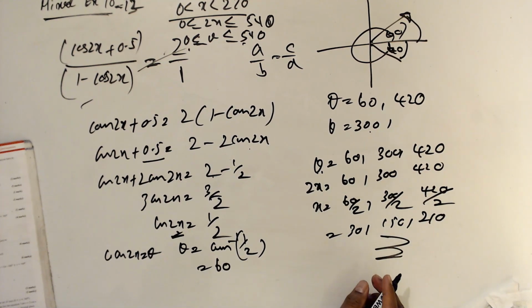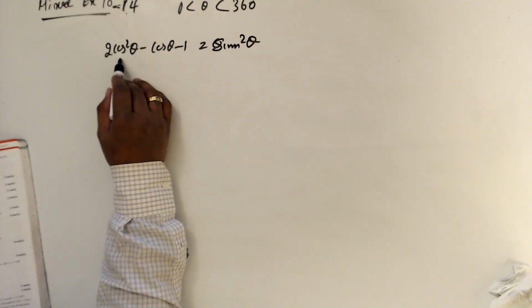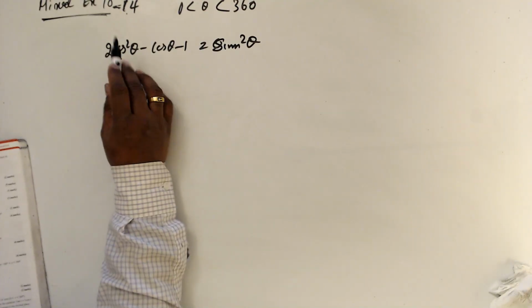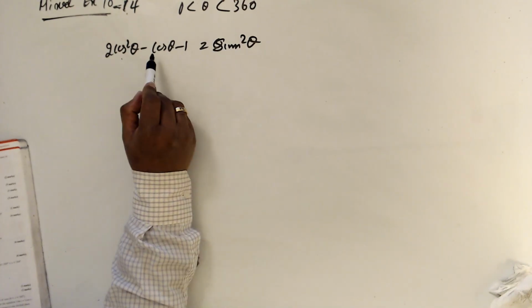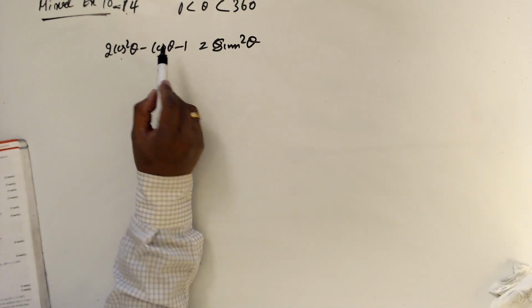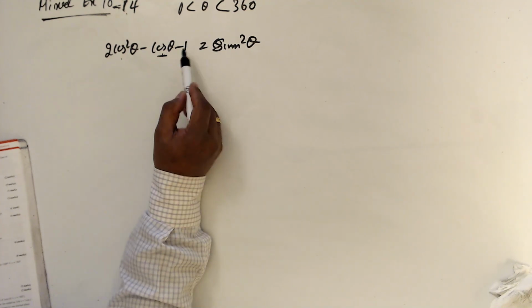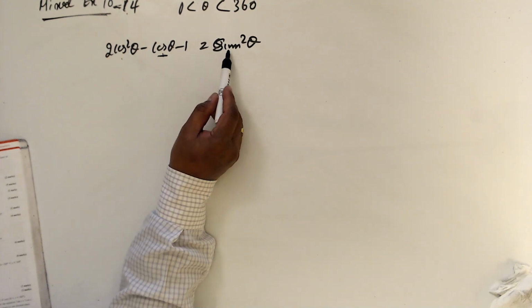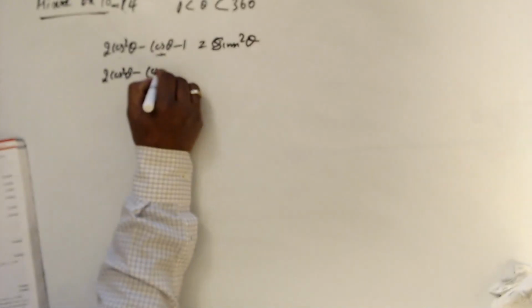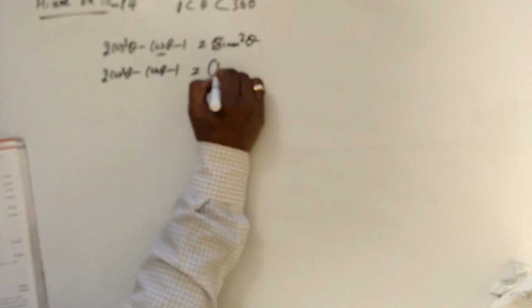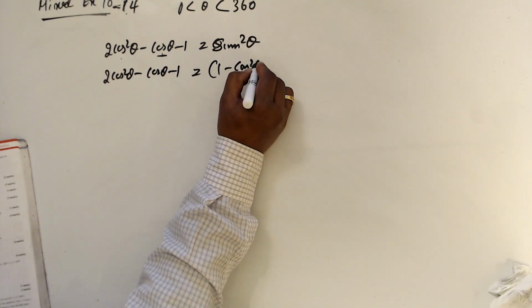In number 14, we have the option to turn cos theta into sine theta, or sine theta into cos theta. But since this is cos theta, we have no option. We have to leave the cos theta and turn all the sine into cos. So 2 cos square theta minus cos theta equals 1 minus cos square theta.